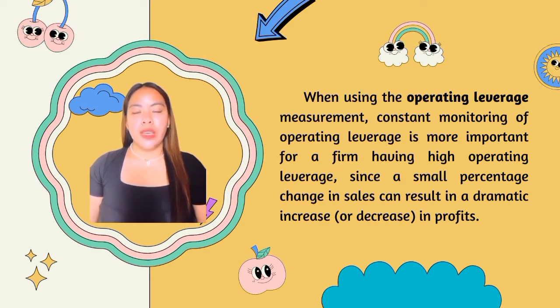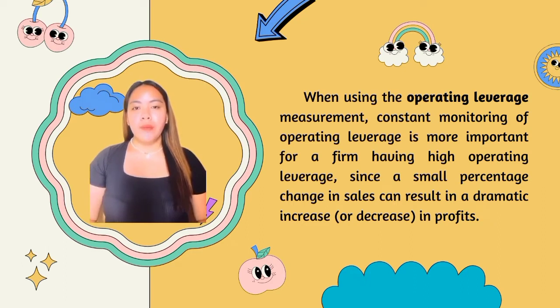So, when using the operating leverage measurement, constant monitoring of operating leverage is very important for a firm having a high operating leverage, since a small percentage of change in sales can result in a dramatic increase or decrease in profits.